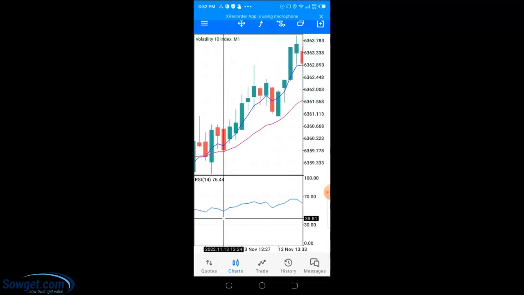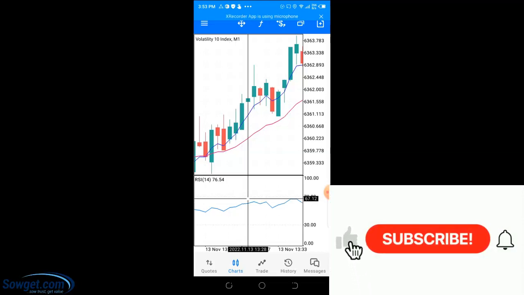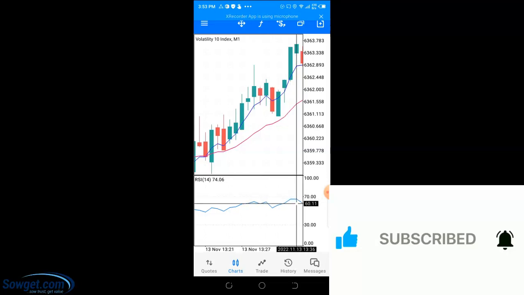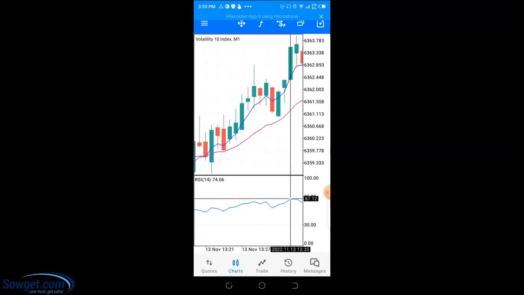So you see, we had a crossover here. We have a crossover for a buy trade here. Then you can see our RSI, it came towards 65, 67 here. So you can see at this point, this is the point you are going to enter your buy trade here, and you can see you make some profit from this trade. You enter your buy trade there once it crosses 65.